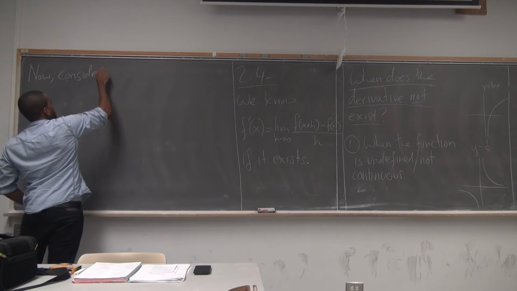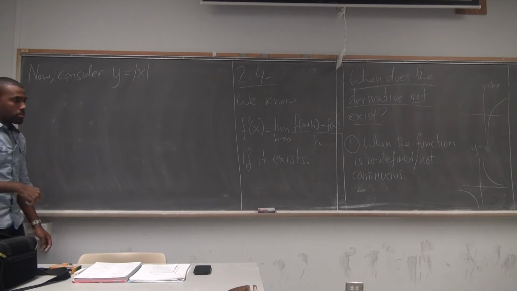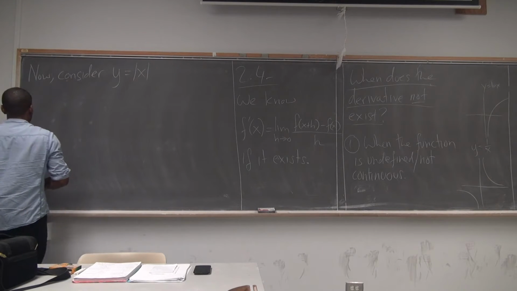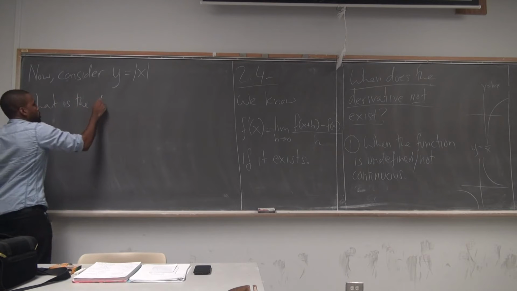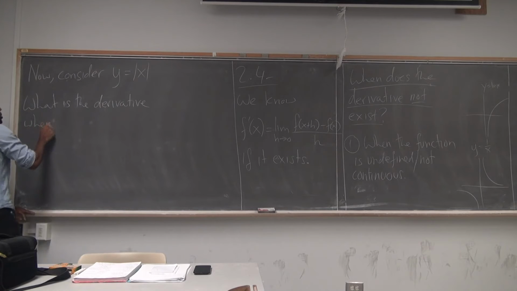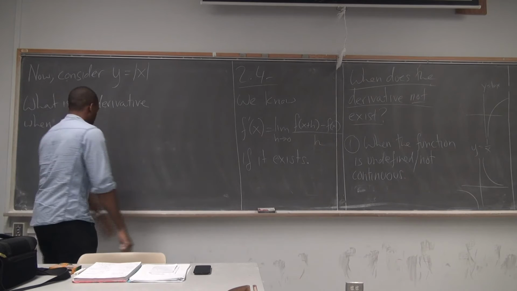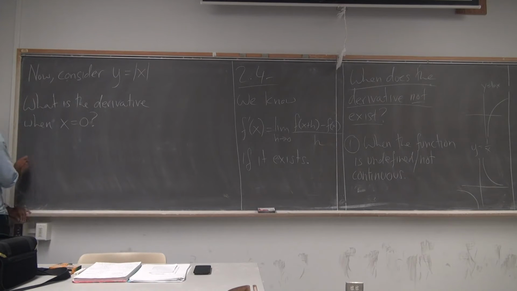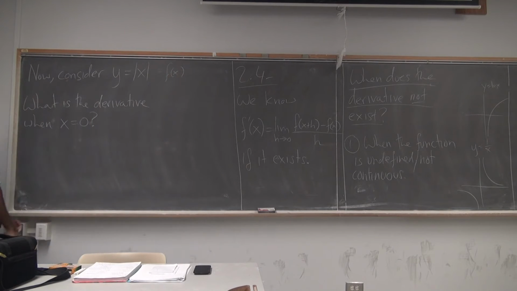Consider this function. Absolute value of x. And I ask you, what is the derivative when x equals 0? Let's try to answer that question. So if I call this f of x, I want to find the derivative when x is 0, right?